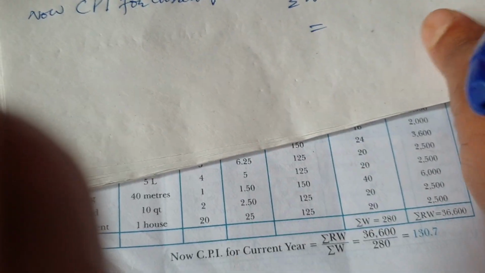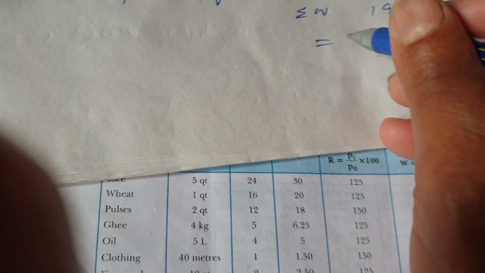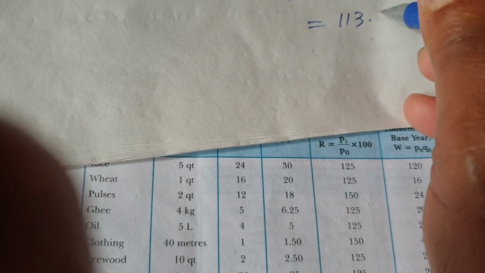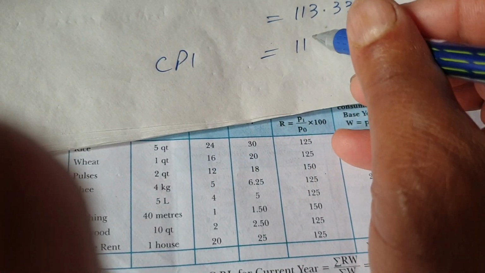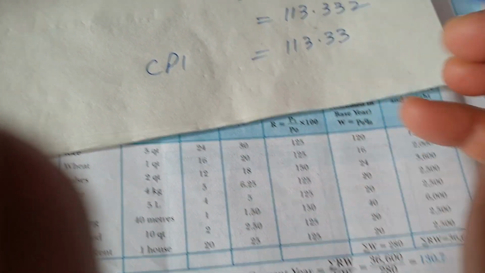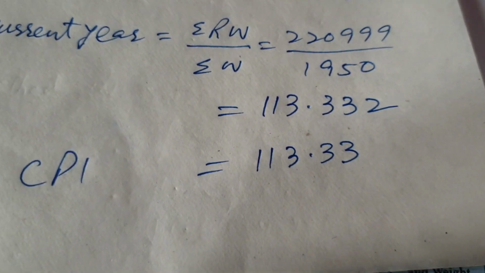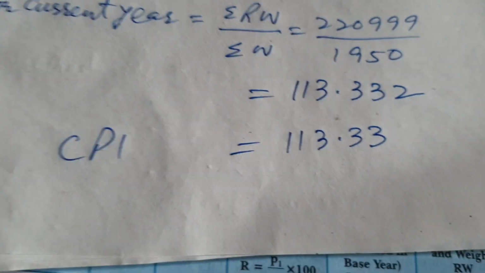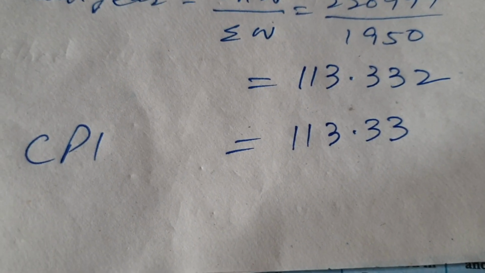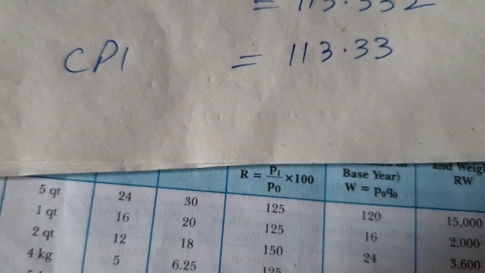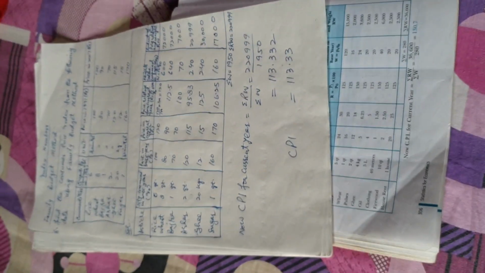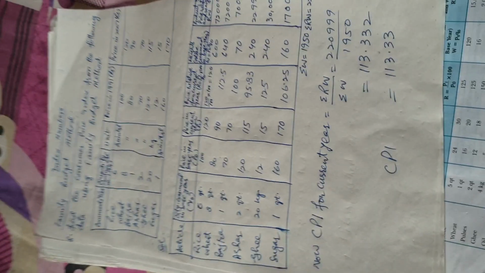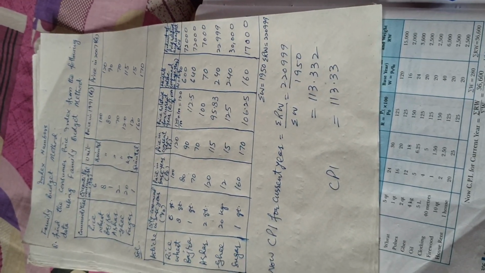When we divide, we get 113.332. After rounding, the CPI for the current year is 113.33. So it is the required answer. The consumer price index for the current year is 113.33, that means the dearness is 113.33. Okay, this is how to find the consumer price index by the family budget method.